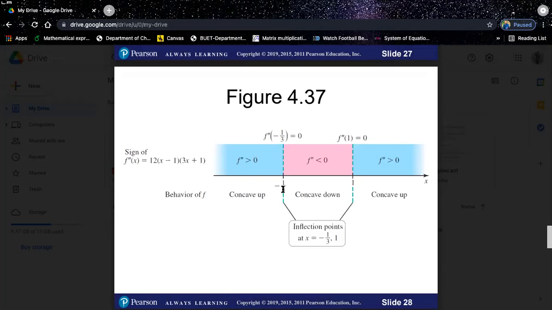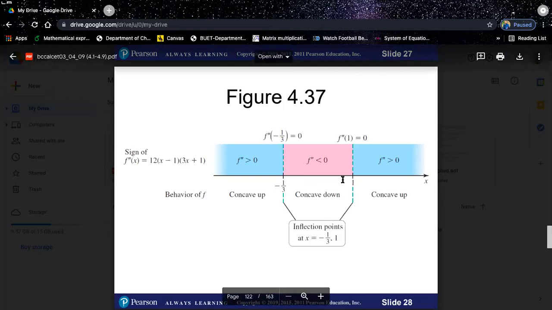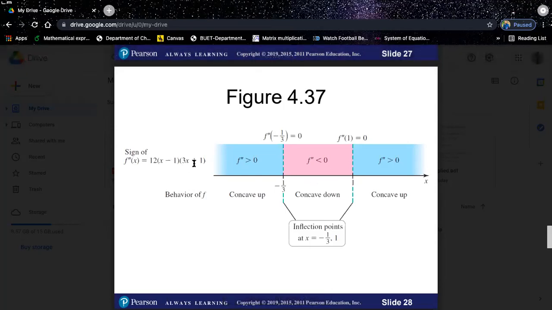If we plug in any value less than -1/3, you will see the second derivative is positive. If we pick any value from -1/3 to 1, you will see the second derivative is negative. Don't just trust me, plug in one or two values and check, okay?